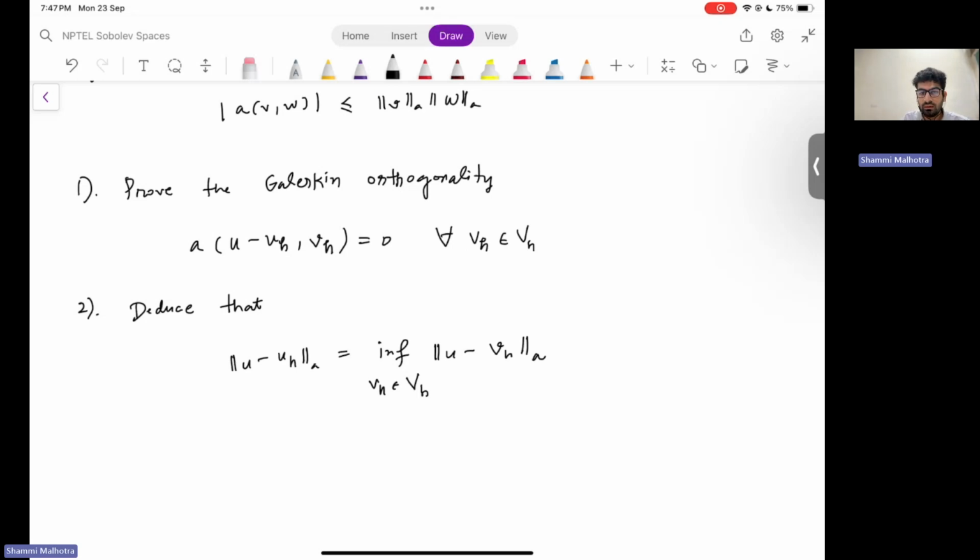So basically, this Galerkin solution we are getting turns out to be the best solution: it is the closest solution to our actual solution if we are considering the space V_h. So this is the best we can have in the finite dimensional vector space V_h.